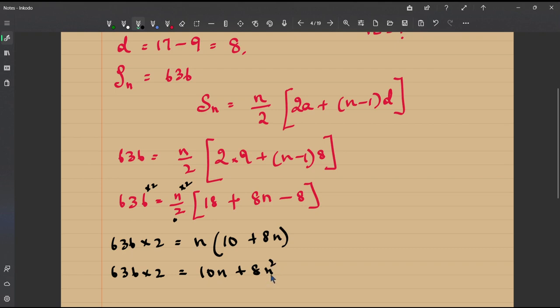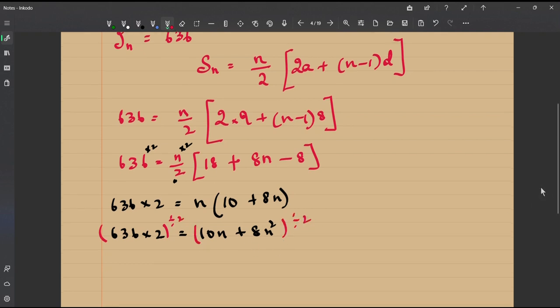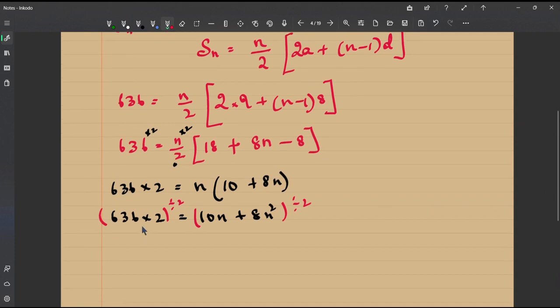Now we are getting a quadratic equation which we'll have to solve. But before solving, the first thing we notice is we can divide both sides of this equation by 2 without altering the values on both sides, without in fact affecting the equation. So dividing by 2 we get 636 is equal to, not 10n, it is 5n.